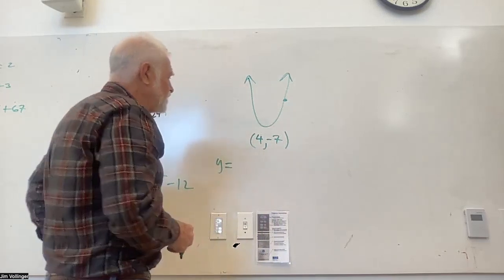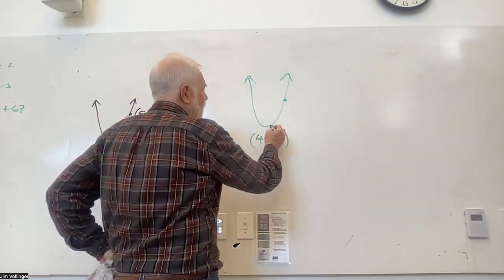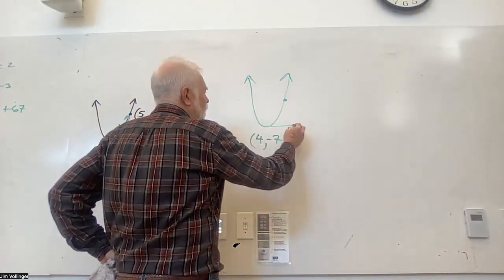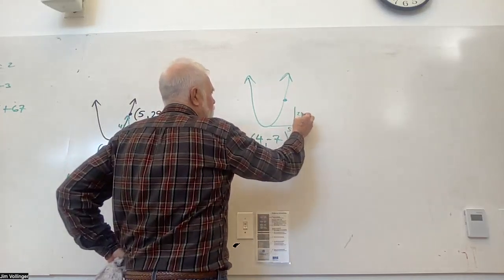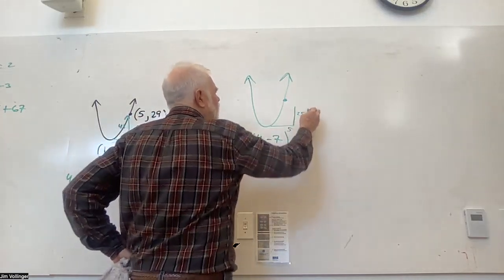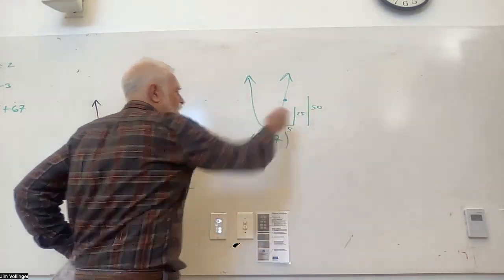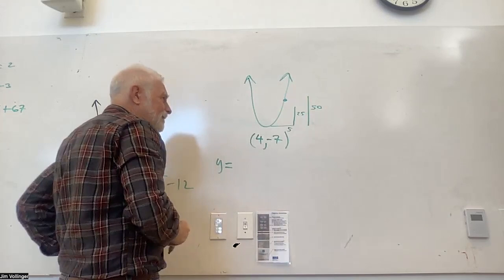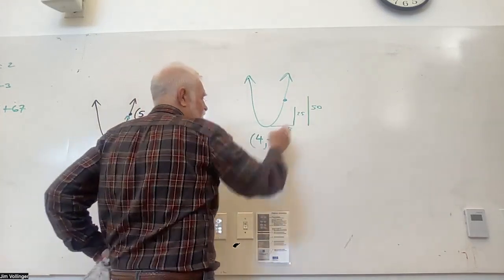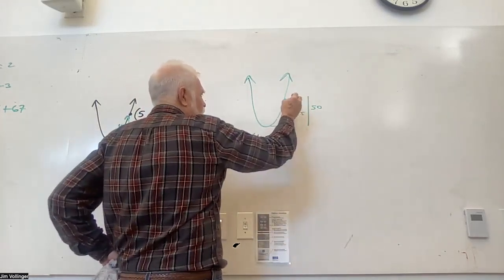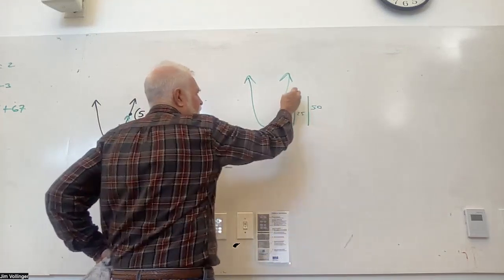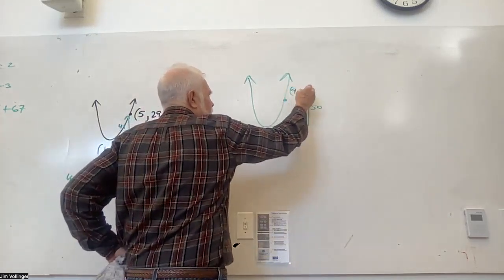All right, 4, negative 7. Let's go over 5 units and let's square. We should go up 25, but let's go up 50 instead, which is doubling the squaring process. And if I go up 50, I believe I'm at 43. And if I go over 5, I believe I'm at 9, 43.